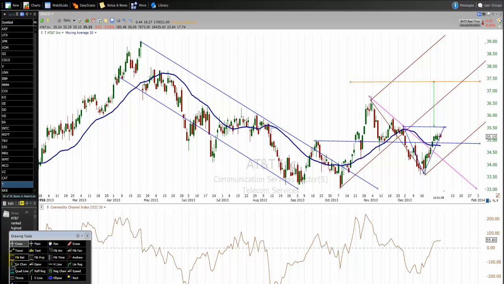You need to be aware also of the median line of this pitchfork, from here all the way here. You want to pay attention to the median line here. As the price goes up, you want to watch the level of 35 up to 35.47.